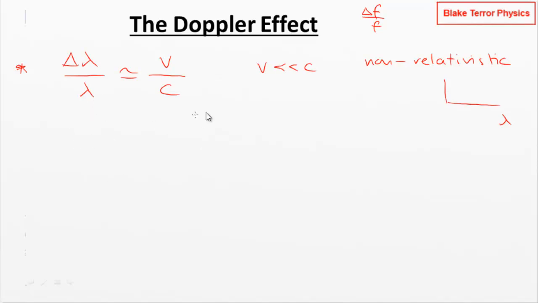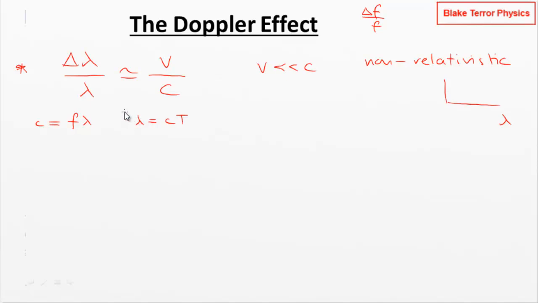Doing a basic version of this isn't particularly complicated. We've got our basic wave equation, for electromagnetic waves is what I'm looking at here, so our speed of light, that's our frequency times our wavelength. Or we could write this as our wavelength is the speed of light multiplied by the period.